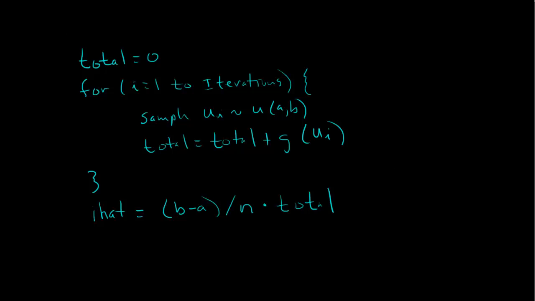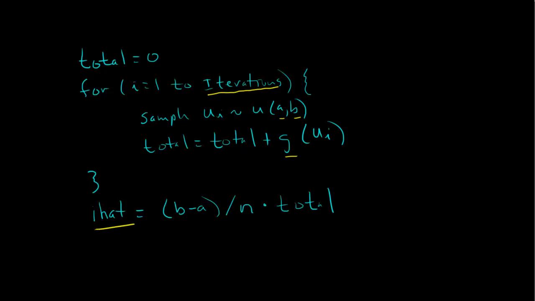And of course what we need to specify here is the number of iterations, we need to specify a, we need to specify b, and we need to have access to this function g. So clearly the more iterations we do, the better our estimate is going to be of I hat.